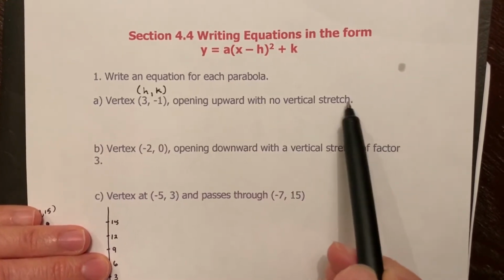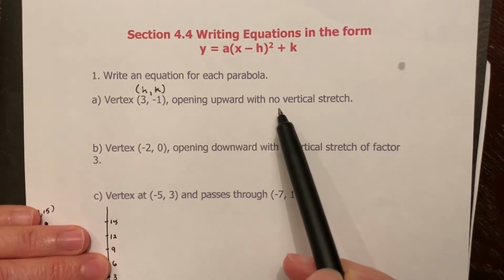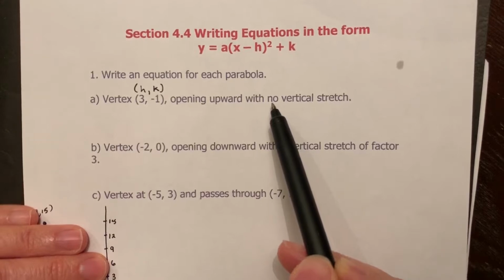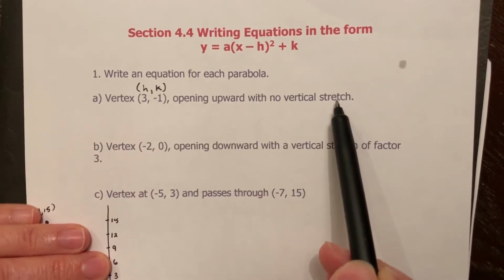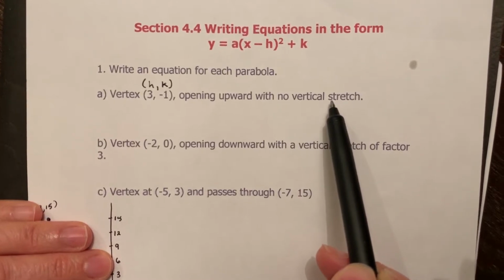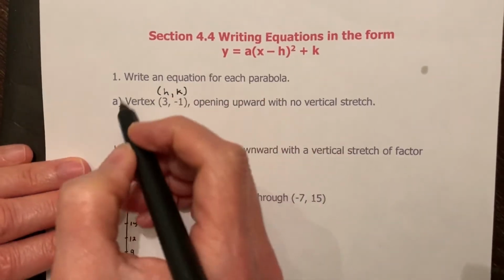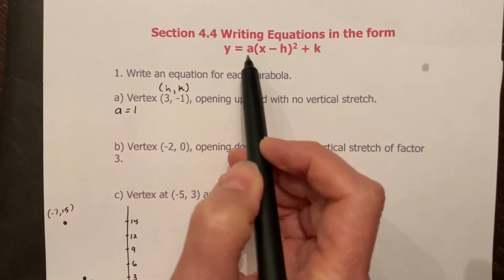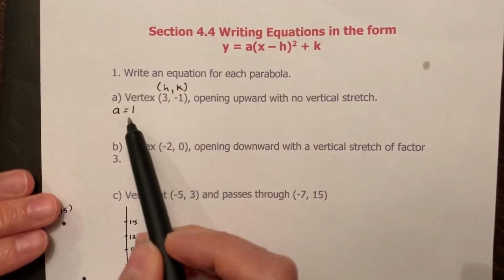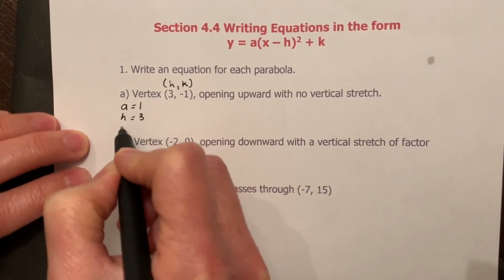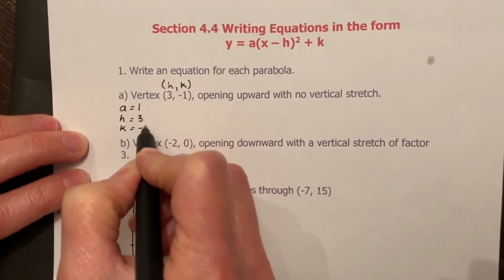I'm not told anything about a compression, so I can safely assume that there's also no vertical compression. Okay? So if there's no stretch and there's no compression, I know the a value equals 1. Remember, a cannot equal 0, otherwise this is not quadratic. So a equals 1, I know h equals 3, and I know k equals -1.